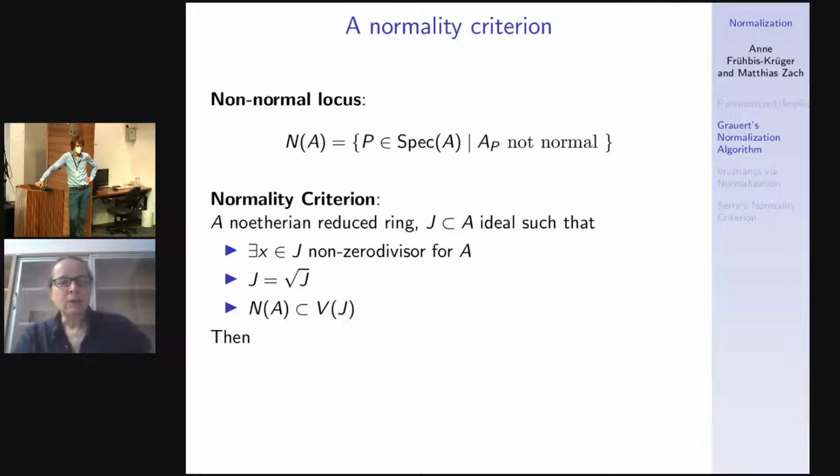And with that notation, we can formulate Grauert's normality criterion.